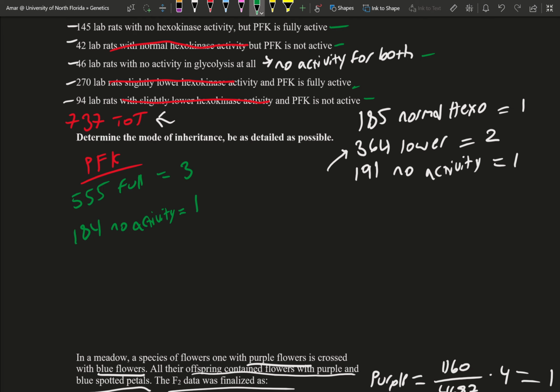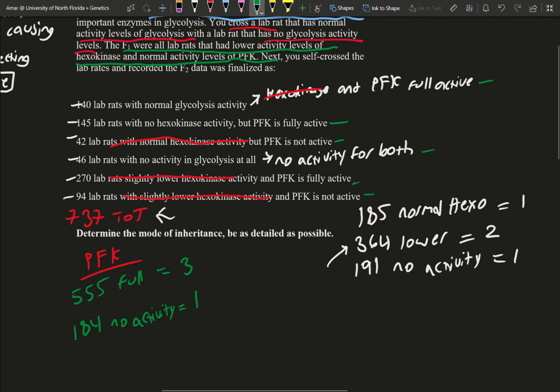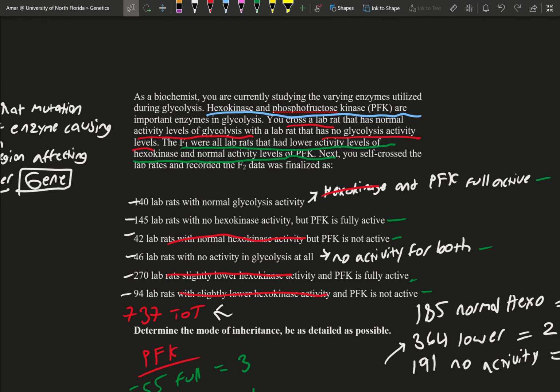So basically that means that with PFK, you're getting the expected 3-to-1 ratio, and PFK is essentially just complete dominancy. Also, you can say that the genes are independently assorting as well, but that's basically how you do that problem. So hopefully this helped out with looking at how to solve these problems.